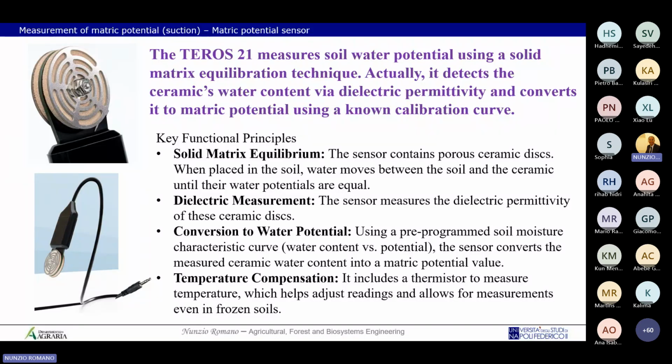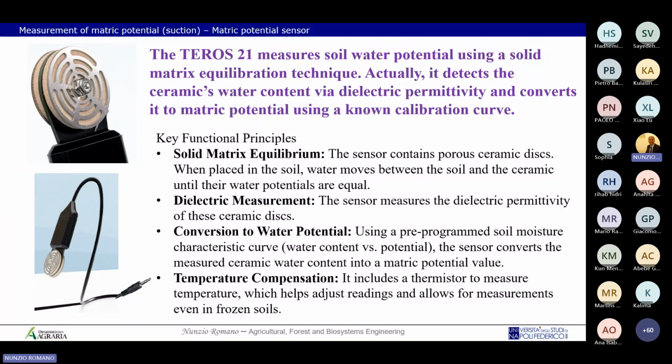But this sensor actually measures the ceramic's water content, and then, using an internal conversion, the water content is converted to matric potential, using, of course, a calibration curve. This calibration curve is specific to this ceramic material, so the calibration curve is produced by the factory.